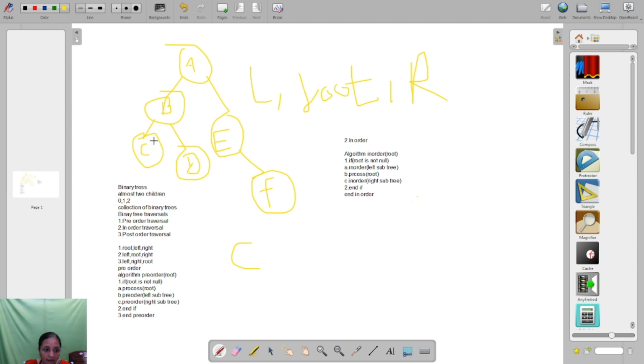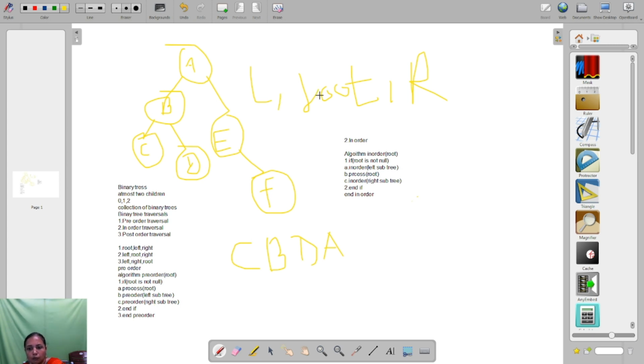The root of C is B, so you write B. Then the right node is D. So the left hand side is completed. Then you visit root again. The root of the whole left part is A, so you write A. So left side completed and root also visited.